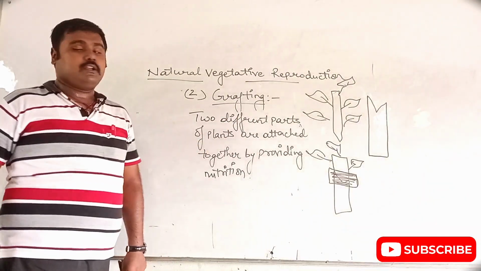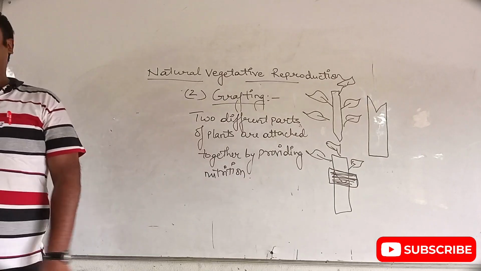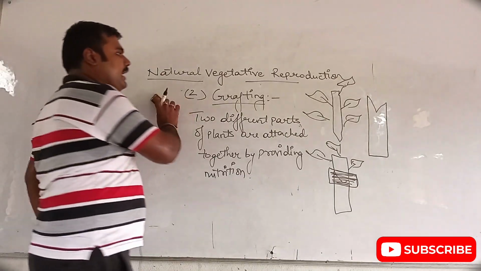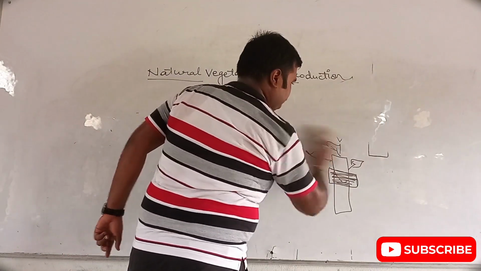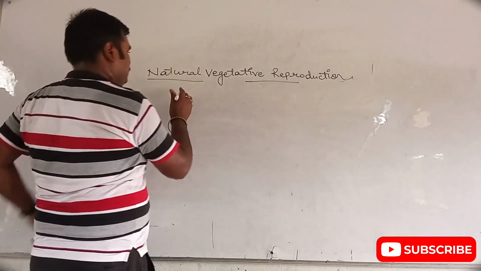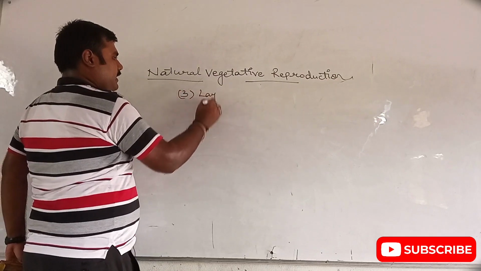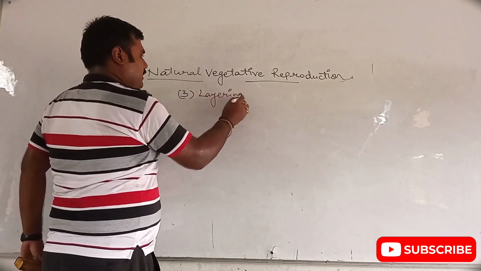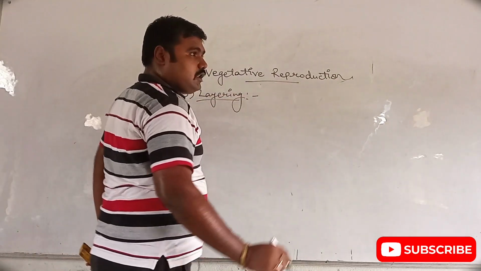Now we will talk about the third type of vegetative reproduction, which is known as layering. Now, what is done in layering?